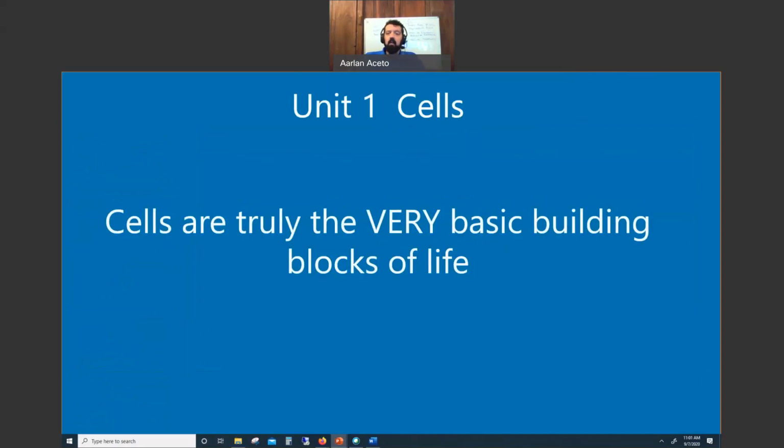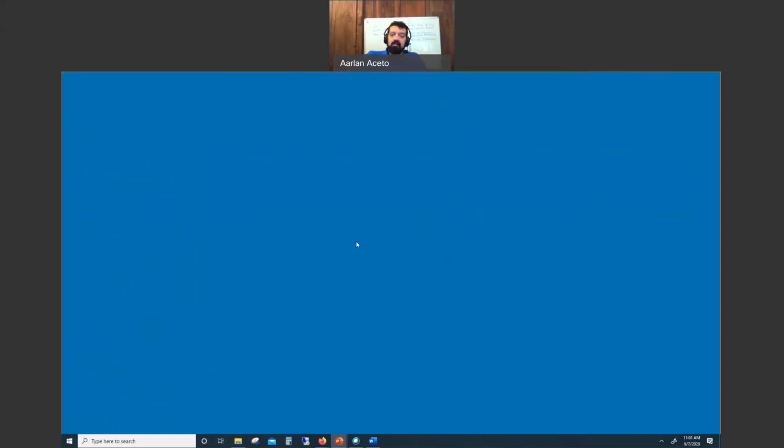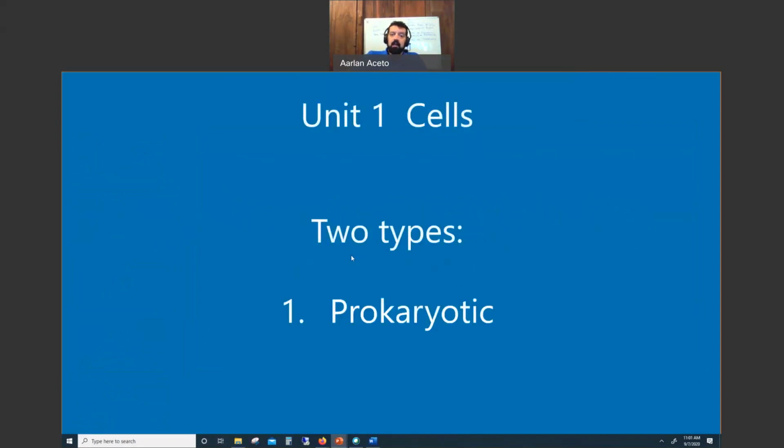Plants, trees, fungi, protozoa, those types of things. There are two primary types, prokaryotic and eukaryotic. Prokaryotic are like the earliest type of living organisms. They're the simplest, like bacteria, very simple in construct. Eukaryotic are pretty much all the more complex living things.